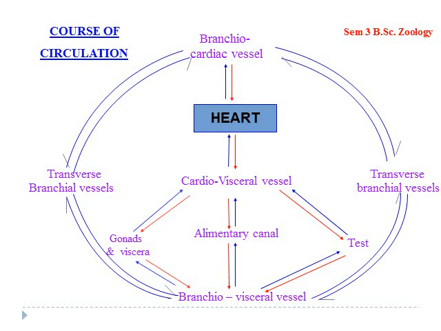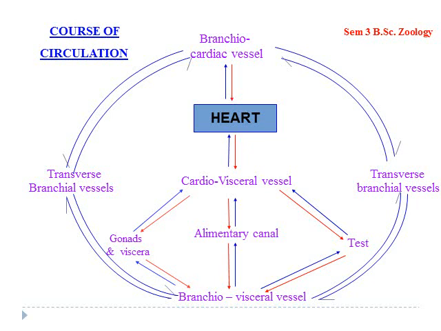Okay, so it passes into the brachiocardiac vessel, and you remember the brachiocardiac vessel runs mid-ventrally closer to the endostyle, and while it is moving anteriorly, it gives off branches into the transverse branchial bars, and these vessels are known as transverse branchial vessels.